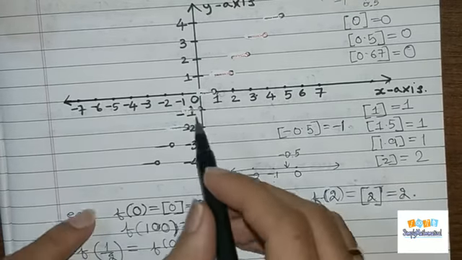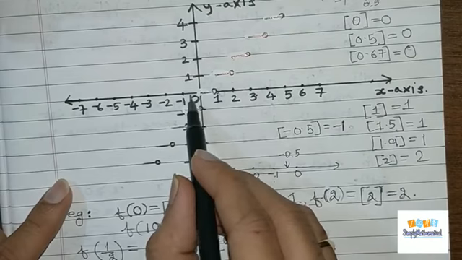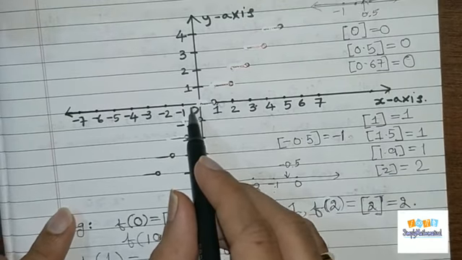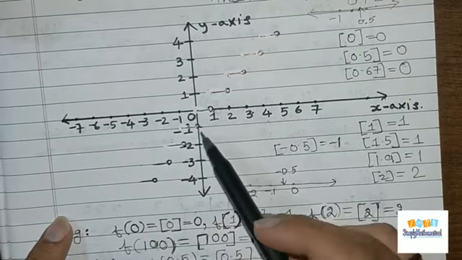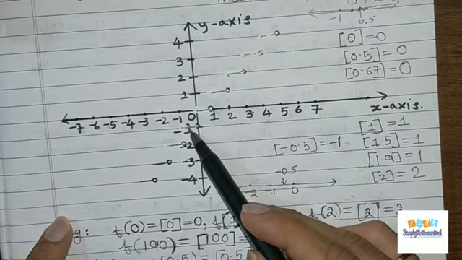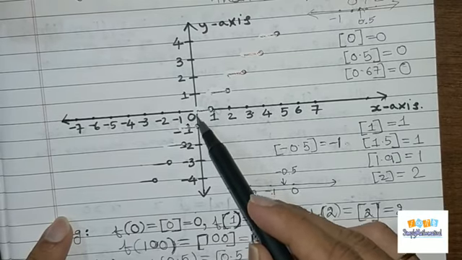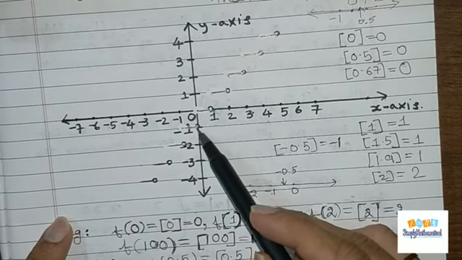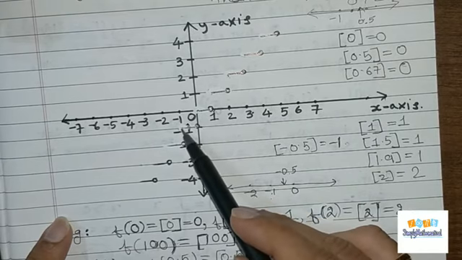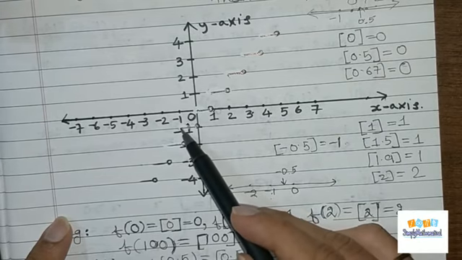If you look at the graph, here it is minus 0.5, so you will get minus 1. Now here 0 is not included, so we put a hollow circle here, and minus 1 is included.